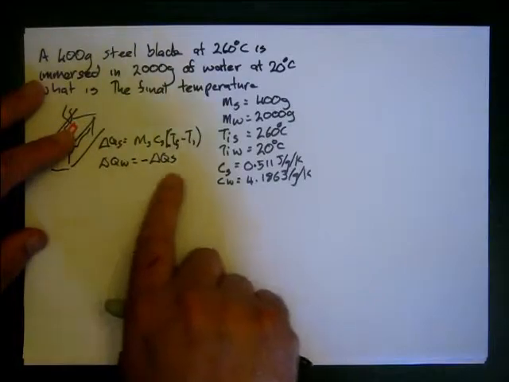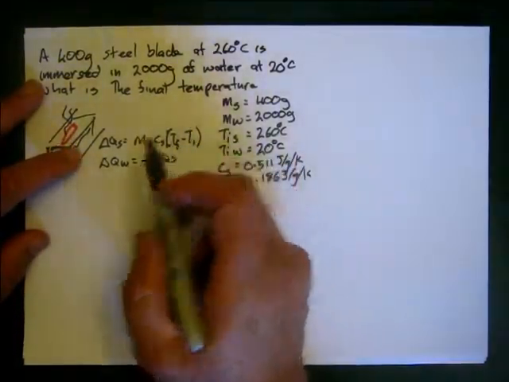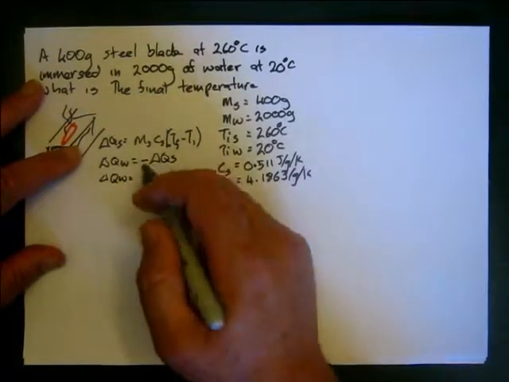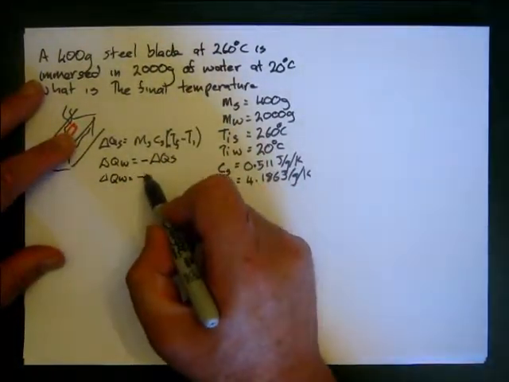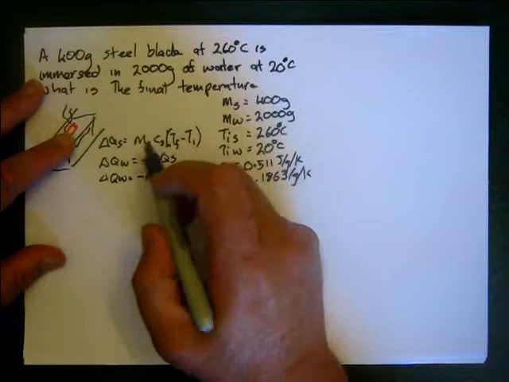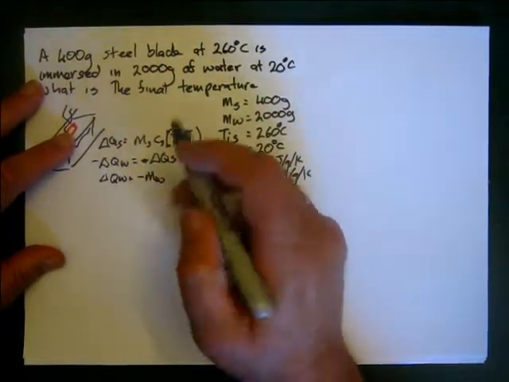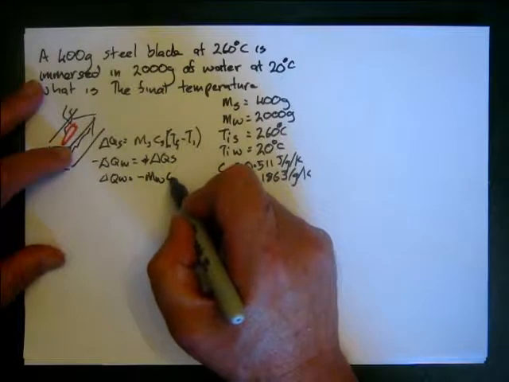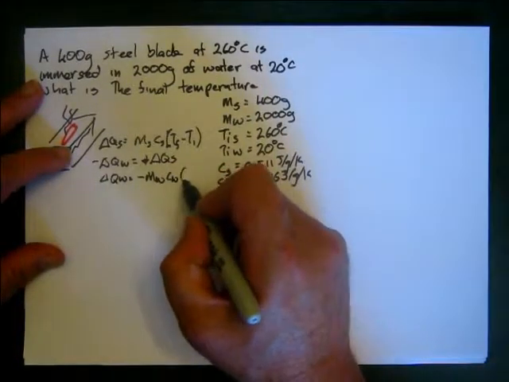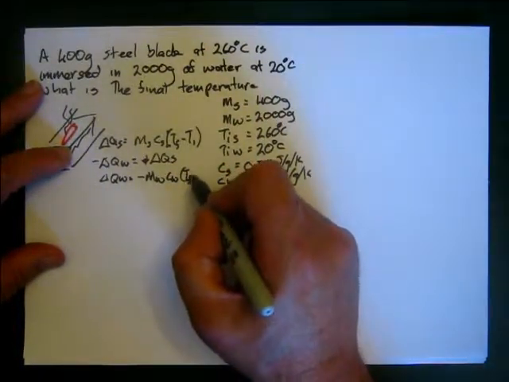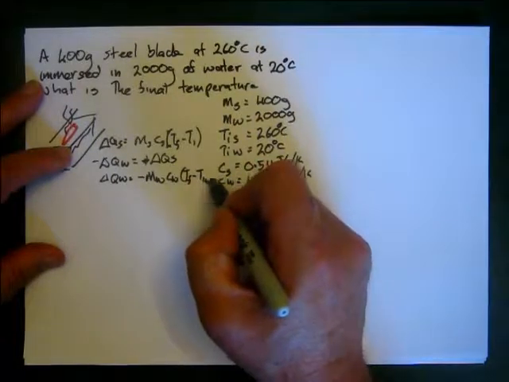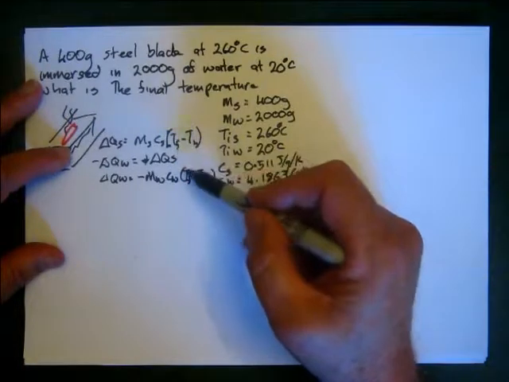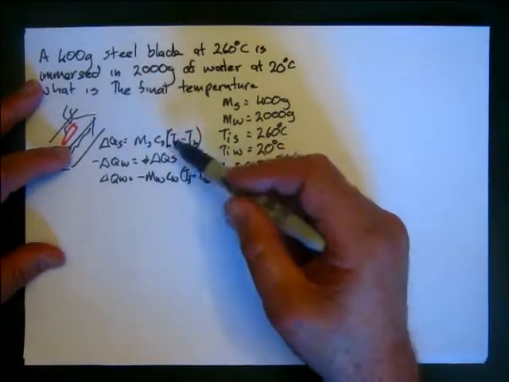So we can write this equation. The change in heat in the water is going to equal minus the mass of the water times the specific heat of the water times temperature final minus temperature initial of the water. The final temperature here is going to be the same, and that's actually what we want to find out.